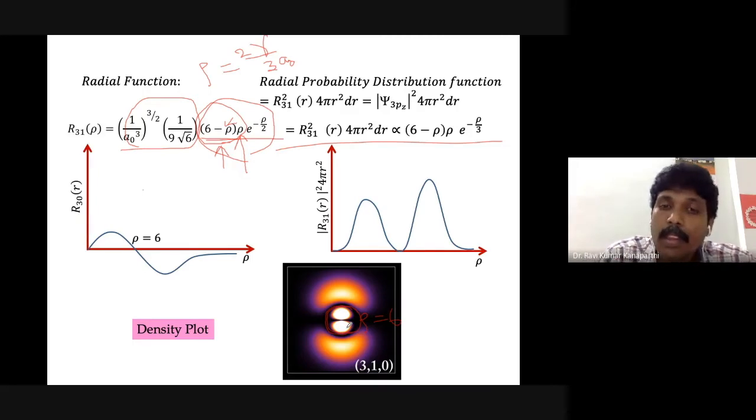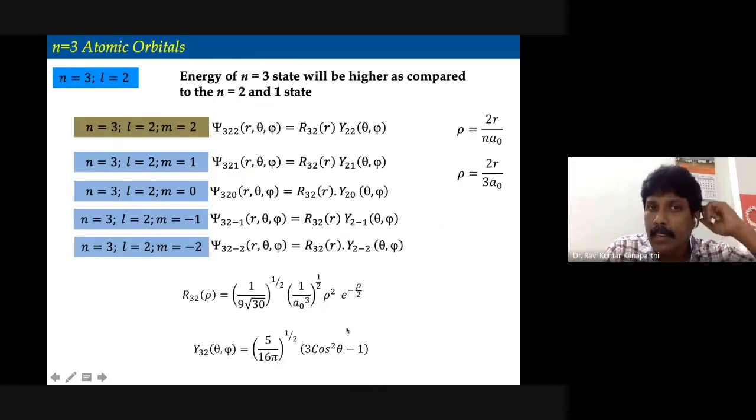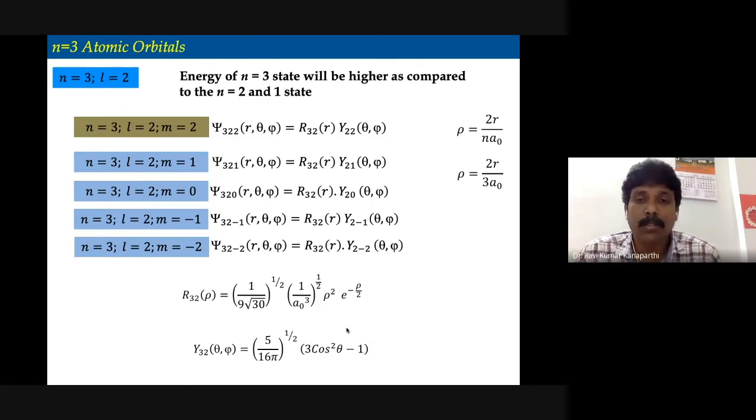Okay, and then the other third possibility is something that I just wanted to elaborate in detail, because that is of more interest to us. When L is equal to 2, then the corresponding m values can be guessed based on the other condition. What is the condition?